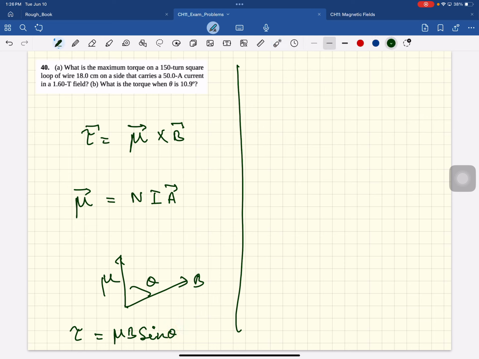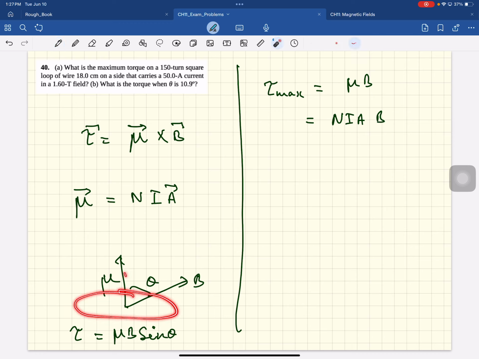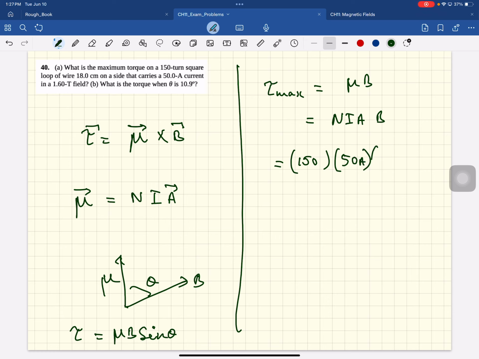So max torque is mu times B. The loop is perpendicular to the magnetic field; that's when you have the maximum torque. 150 turns, I is 50 amps, area is 18 centimeters.